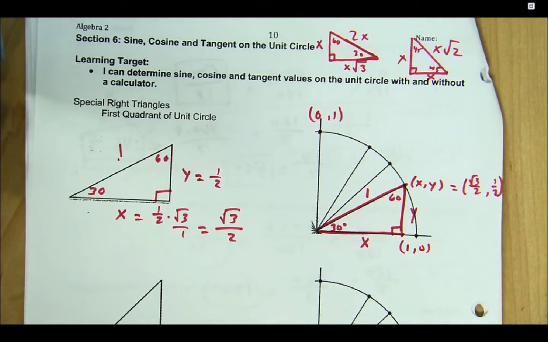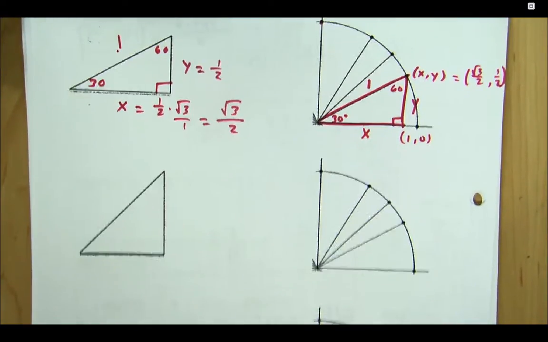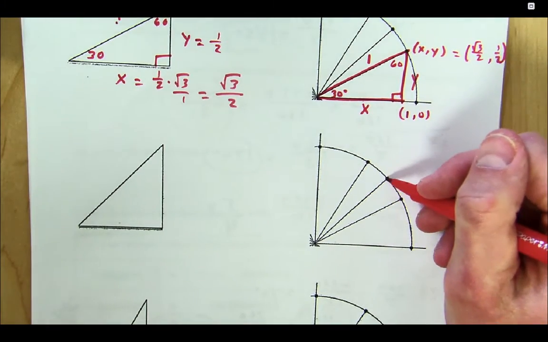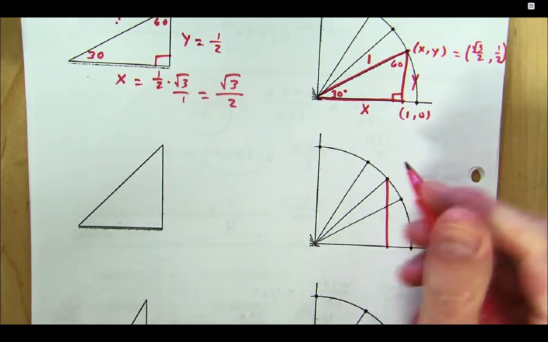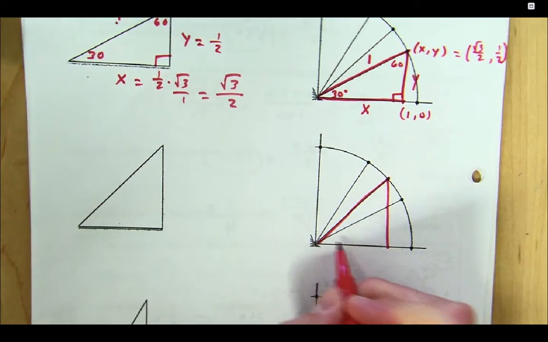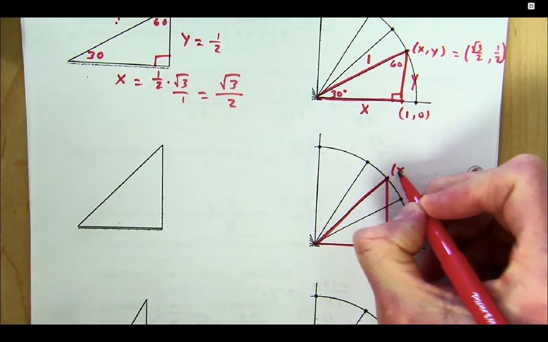Okay. So now we have those coordinates, x comma y, root 3 over 2, comma 1/2. And so we're going to continue this similar type of idea. Now I'm going to try to find what this point is right here.